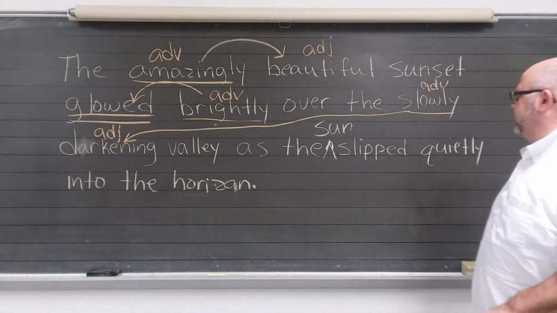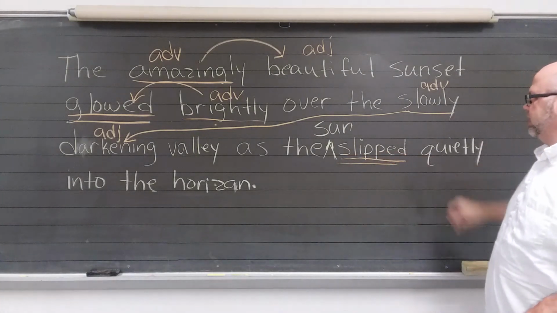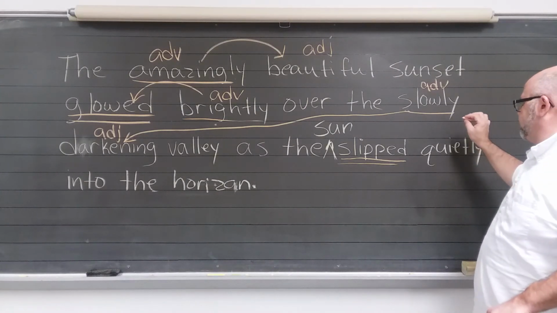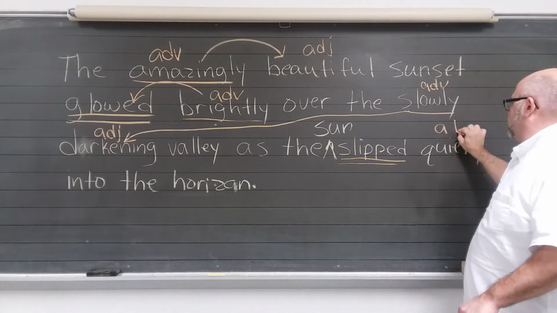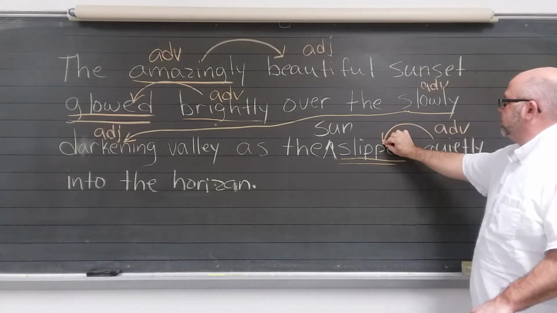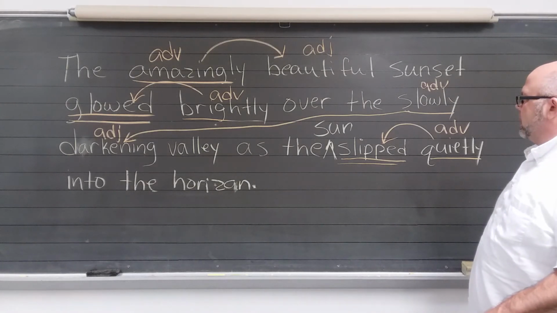As the sun slipped, verb. How did it slip? Quietly. Adverb modifying the verb. I was going to have some.